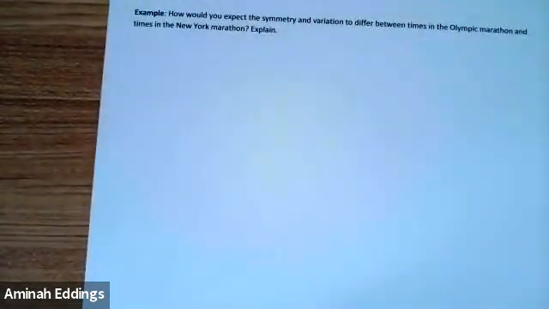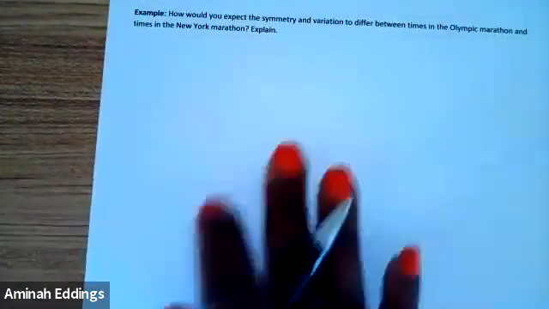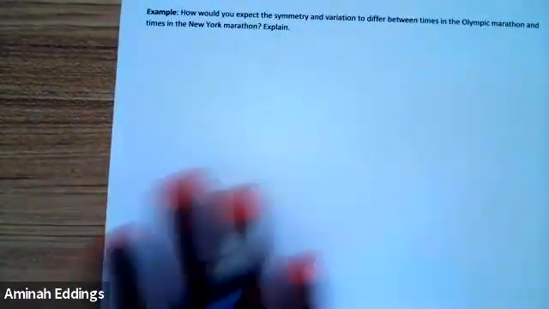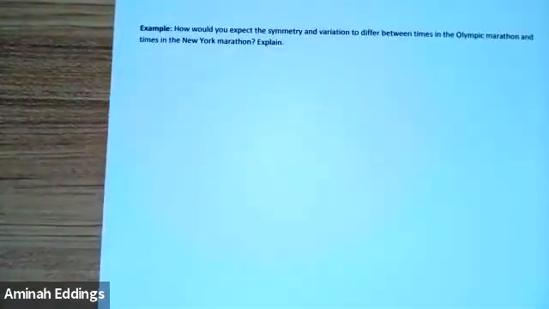I wouldn't expect much variation in the Olympic marathon because most people have to qualify. But the New York marathon is just anybody who wants to join, so that would have a lot of variation.